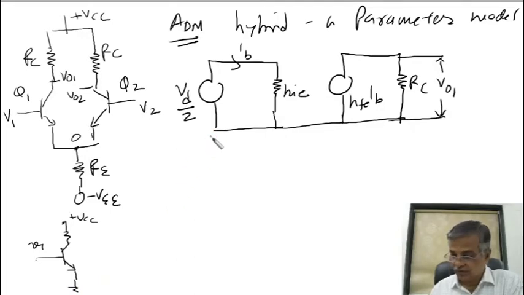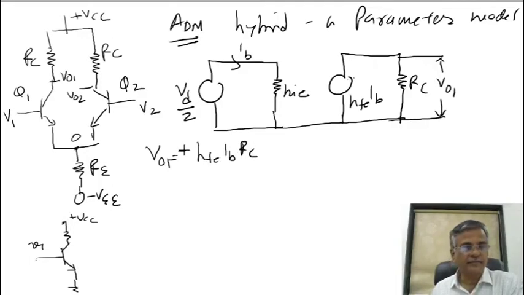Now what is the output voltage for this circuit? The output voltage for transistor 1 is current multiplied by resistance. So the current is HFE IB into RC, with a minus sign. What is the base current?